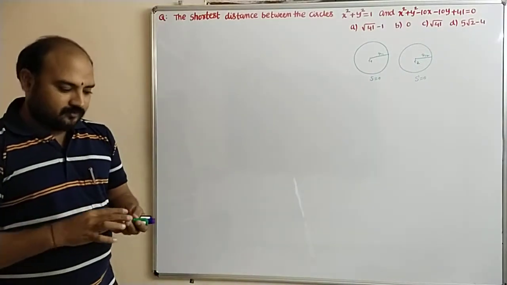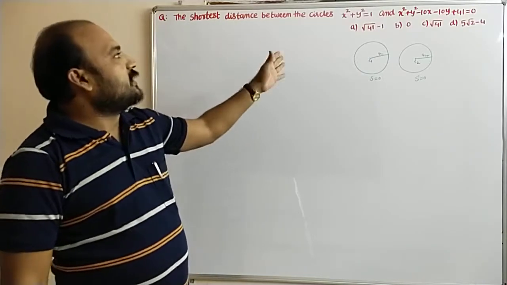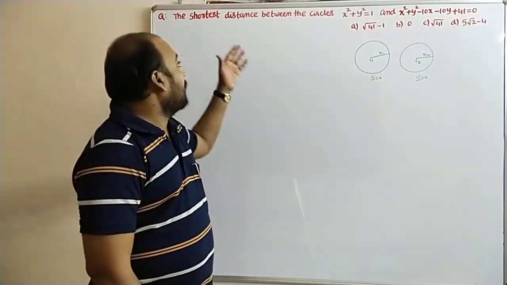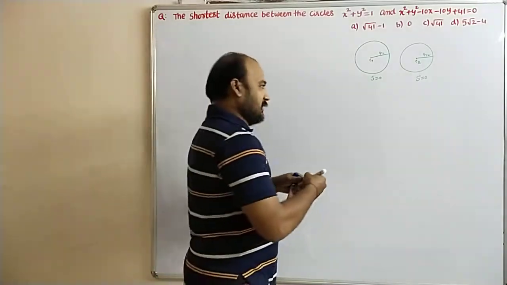After that, we have one shortcut formula to get shortest distance between the circles and greatest distance or longest distance between the two circles.